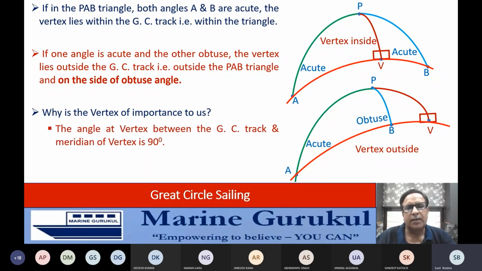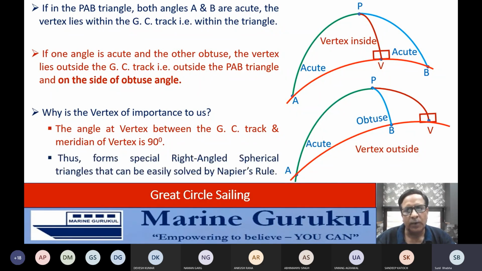So this angle at the vertex between the GC track and the meridian of the vertex is 90 degrees, a very, very important feature. Why? Because this gives us a special spherical triangle, which is called a right-angled spherical triangle. And such triangles can be much more conveniently solved using Napier's rule.